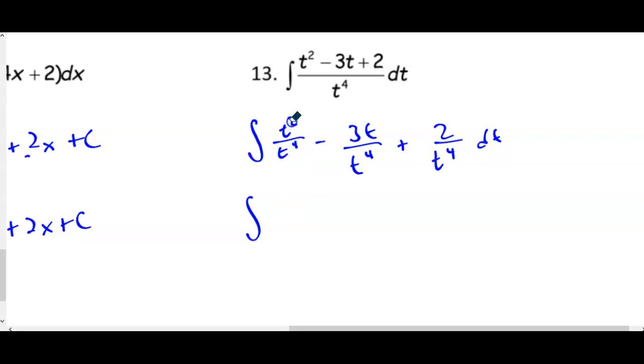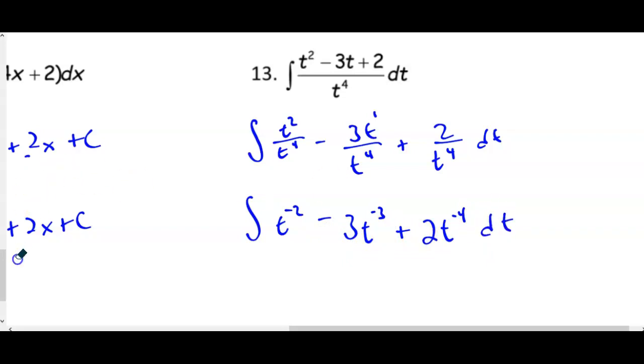So 2 minus 4 is negative 2. And then right here, I'm going to do 1 minus 4, so negative 3. And then move this one to the top so we can have the negative. This is easier to integrate like this, guys.